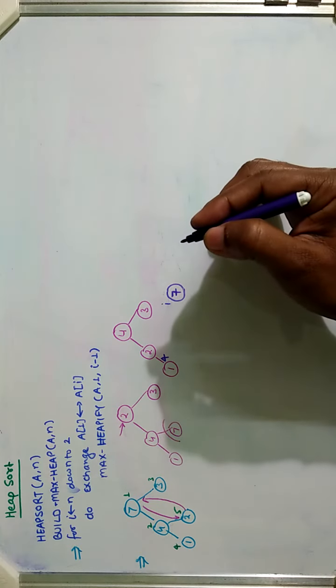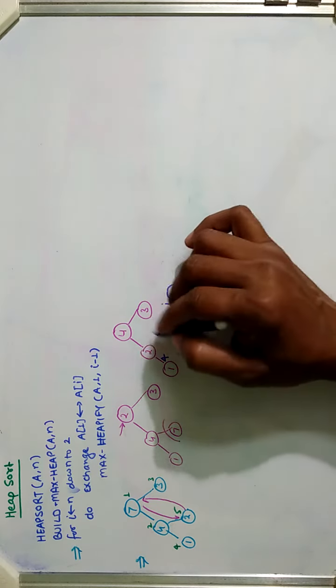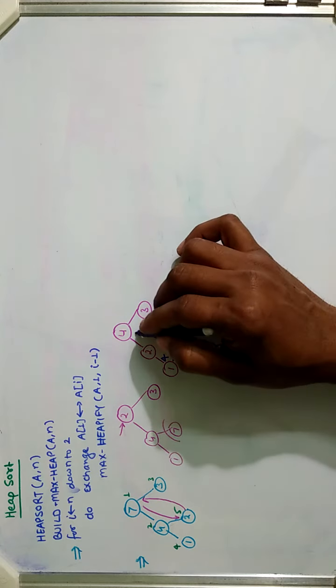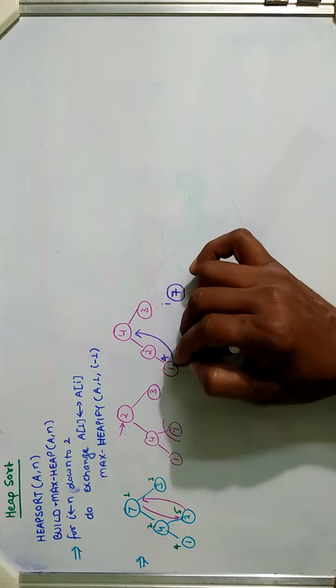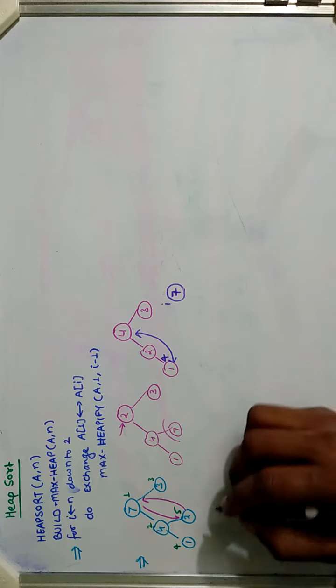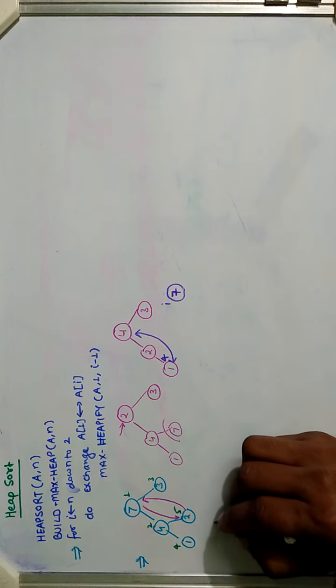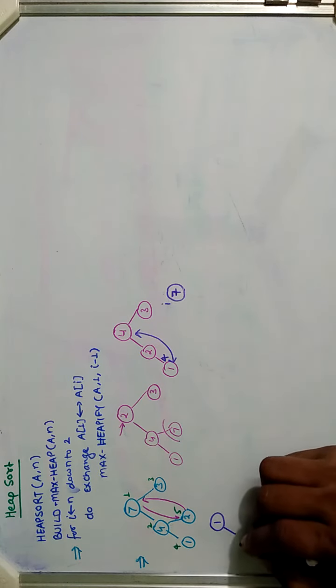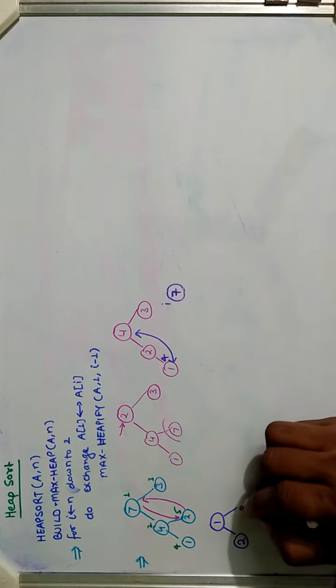At index 4 we need to exchange with i at index 4. After the exchange the tree would be 1, 2 and 3.